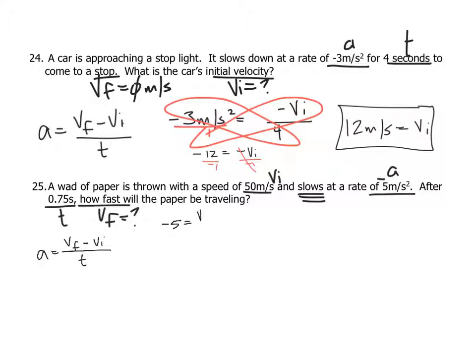VF is unknown. The paper was initially traveling at 50 meters per second, and it's taking 0.75 seconds. Okay, so VF is part of a fraction. It's in the numerator. It's not minus 0, so I can't just delete anything, but I can set up a fraction on the left and cross multiply.